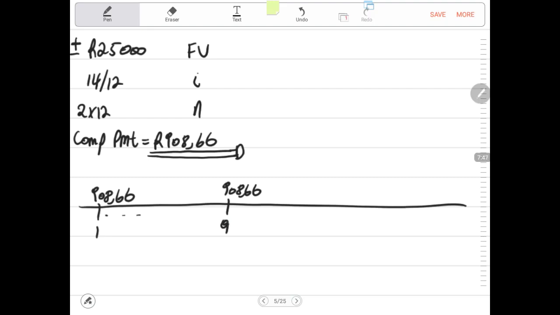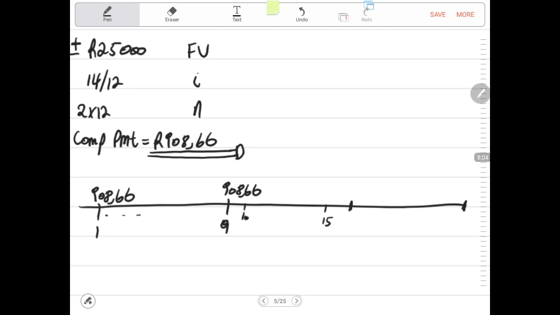Then from month number 10, nothing took place, up to month number 15, nothing took place. Then from month number 16, we need to know how much we must pay based on the balance that is left.